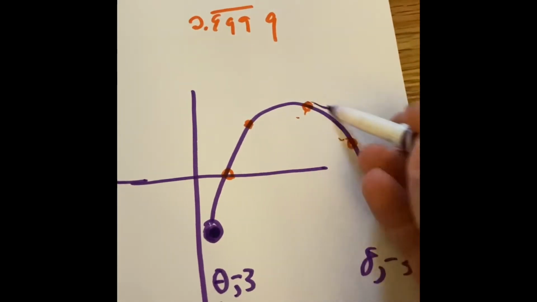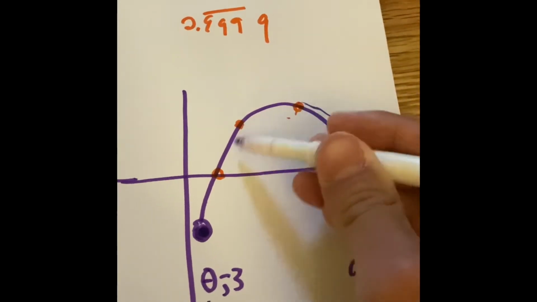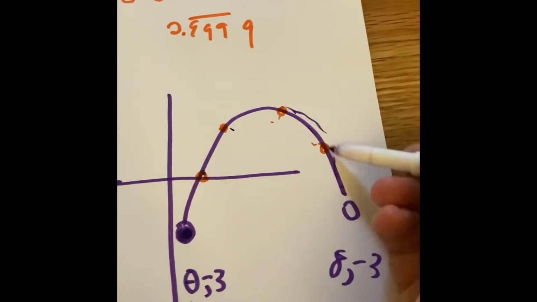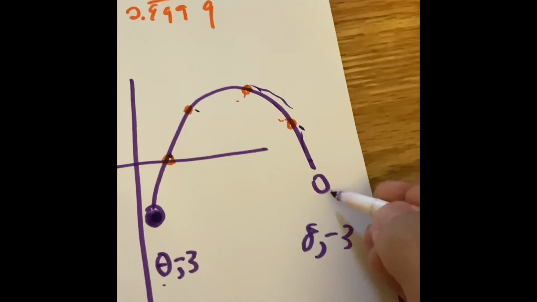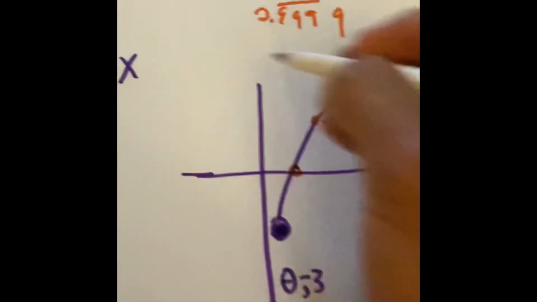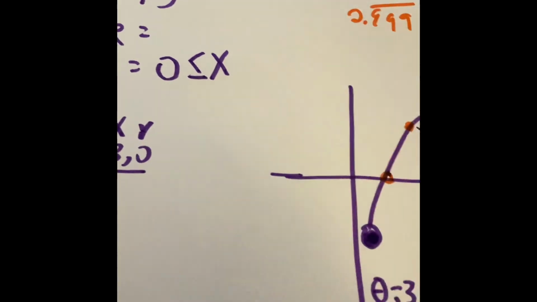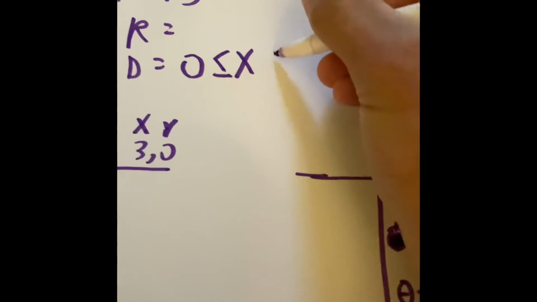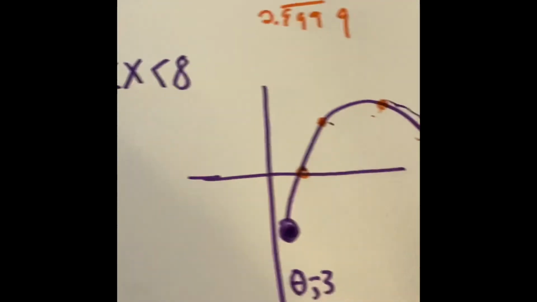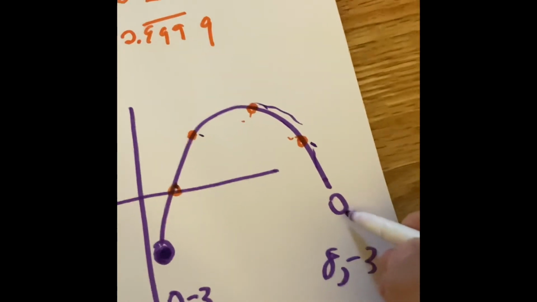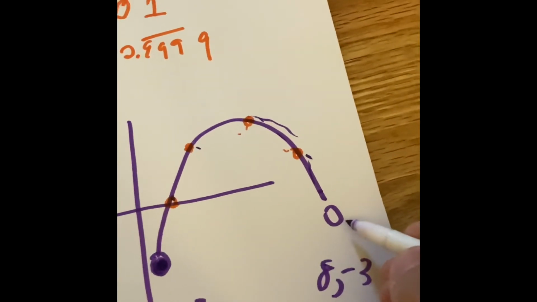X is this line that is following the orange dots. And we arrive at 8, but it's an empty dot. So we're going to say x has to be less than 8, because since that's open, 8 is not included.